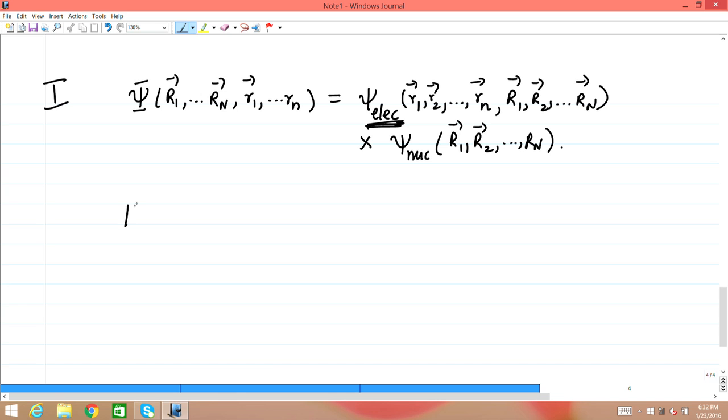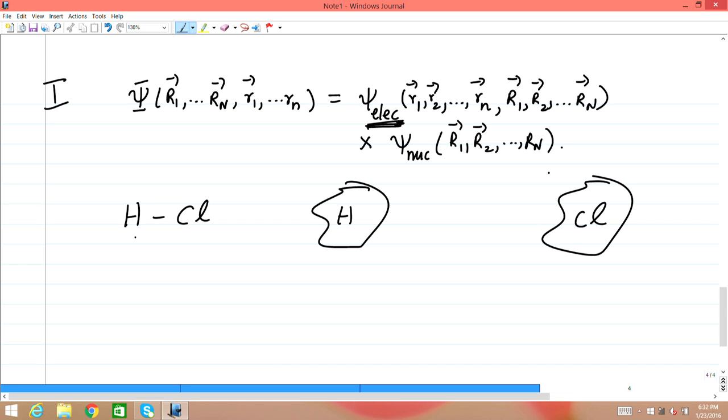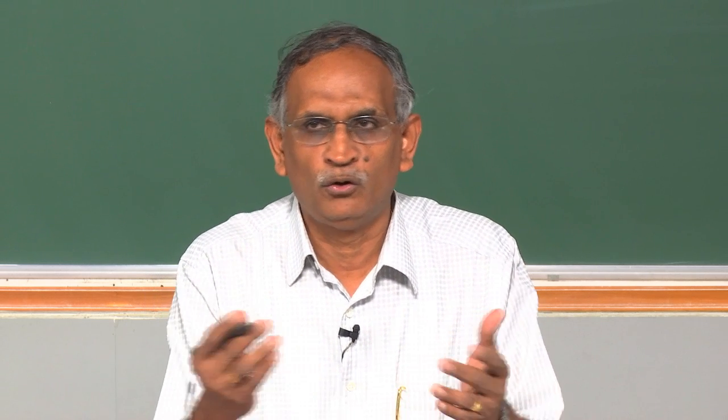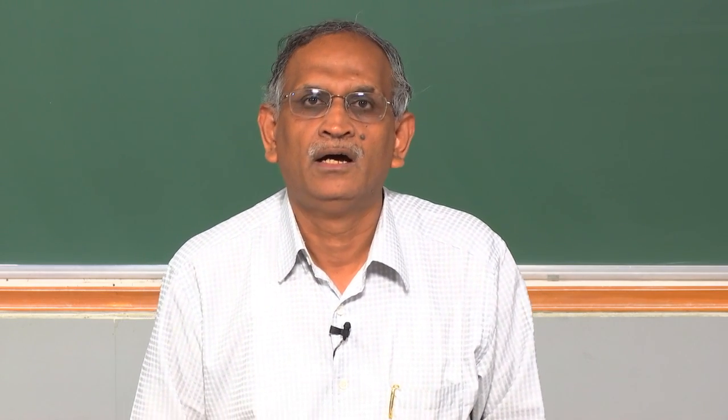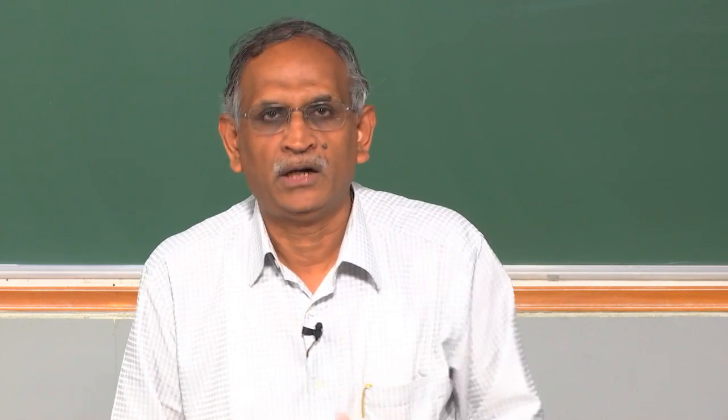For example, let us take the hydrogen chloride molecule with the atoms very near to each other, and also the so-called molecule where it may not be a molecule, this may be two independent atoms, hydrogen and chlorine, which are so far away from each other that the electron density remains more or less localized to the individual atoms, whereas in this case the electron density seems to have spread out in such a way that part of the electron density of the hydrogen atom goes towards chlorine and so on. You know electronegativity principles, and you know this bond is partly covalent but partly ionic and so on.